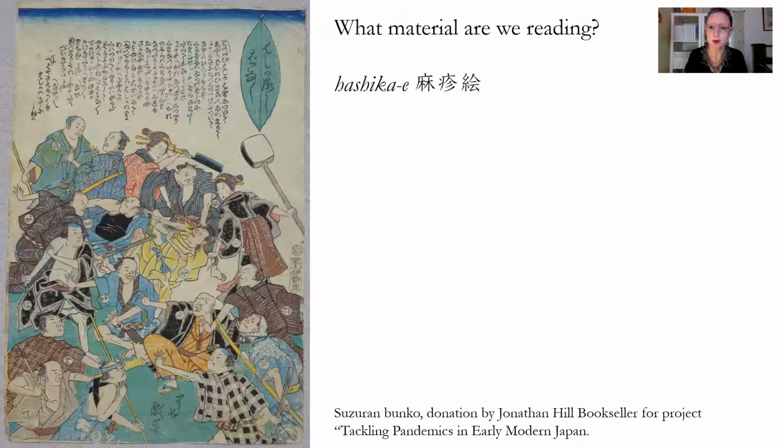This print is part of the private collection that I have called the Suzuran Bunko. Suzuran Bunko, it is my collection. I love lilies of the valleys, hence Suzuran. This particular print was donated by Jonathan Hill bookseller for the project Tackling Pandemics in Early Modern Japan that we developed in 2020 when the 7th summer school in Japanese early modern paleography could not go ahead because of COVID-19.